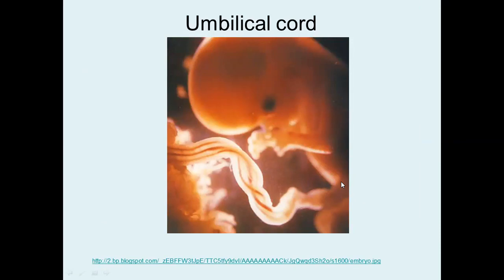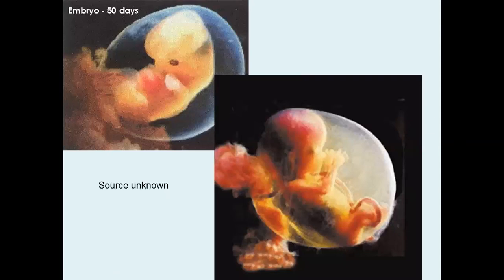So the blood vessels, some of which transport blood that carries a high percentage of carbon dioxide and waste substances from the embryo to the placenta, and some of which carries blood from the placenta back to the embryo, and that blood contains a high percentage of oxygen and also nutrients, and then also antibodies, very important.